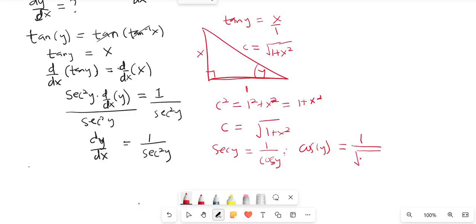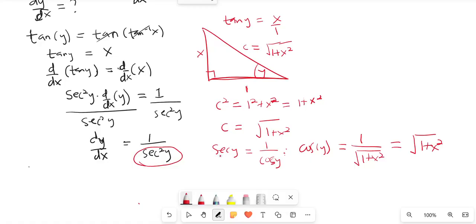Hypotenuse is the square root of 1 plus x squared. So if cosine y is 1 over the square root of 1 plus x squared, then secant y, which is 1 over cosine y, should be equal to just the inverse of this one, which is the square root of 1 plus x squared. So this is secant y, but we need secant square y.